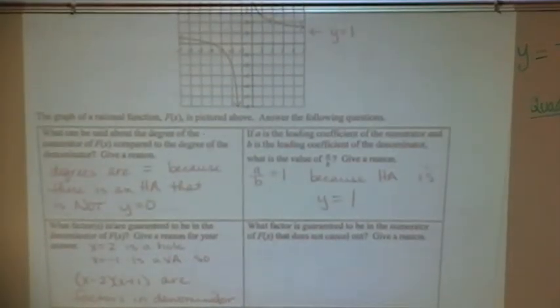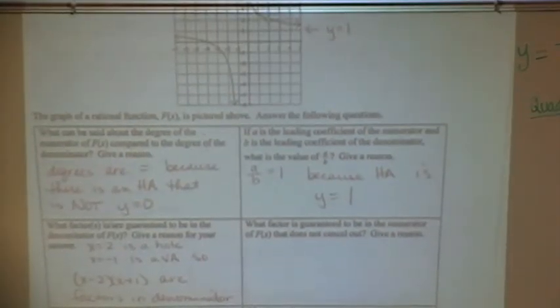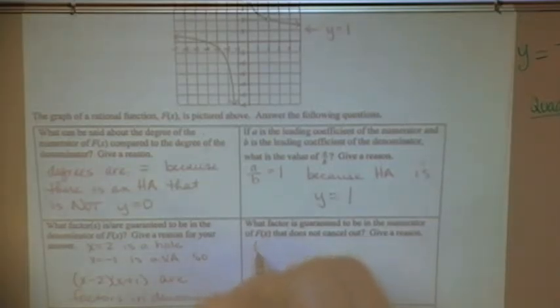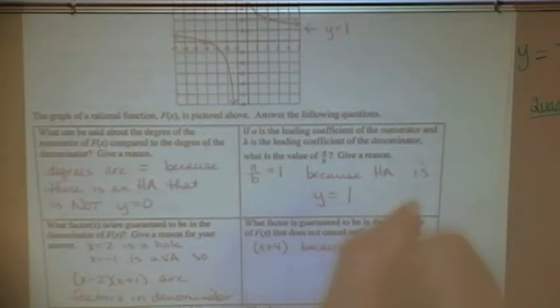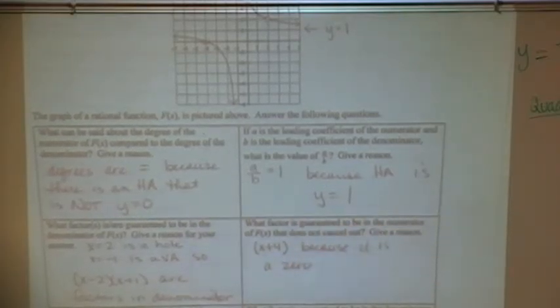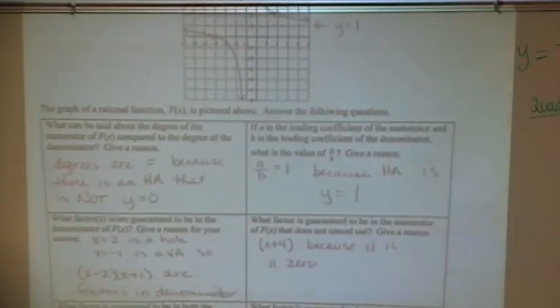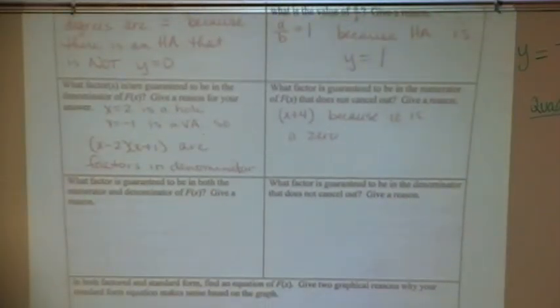What factors are guaranteed to be in the numerator of f of x that do not cancel out? And how do you know? X plus 4, because that's the 0. Good. Which factors are guaranteed to be in both?